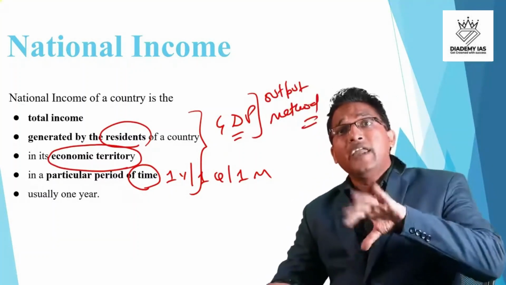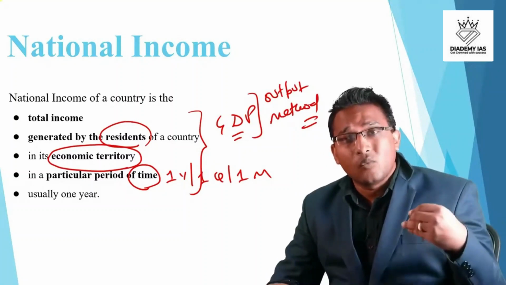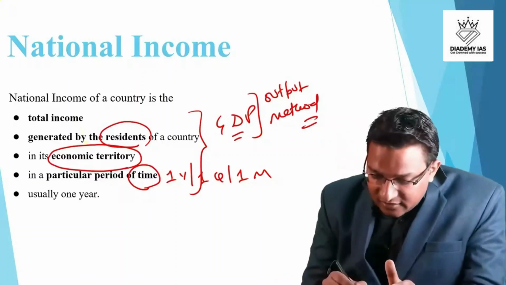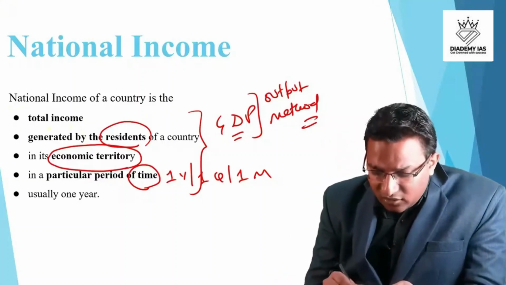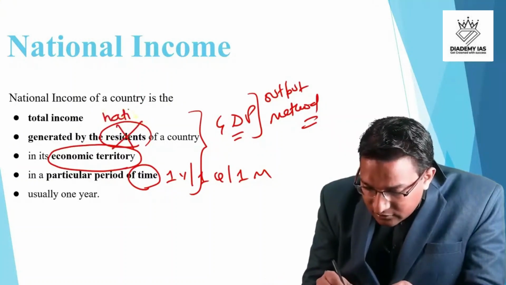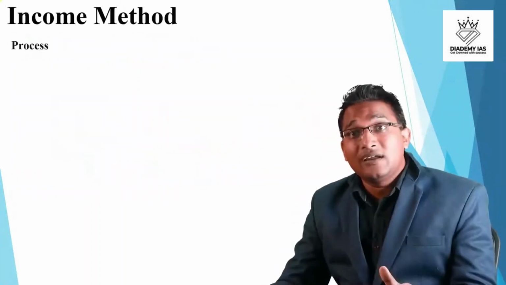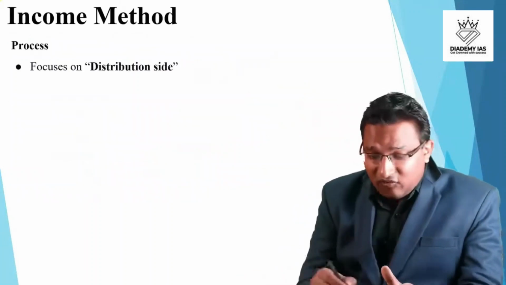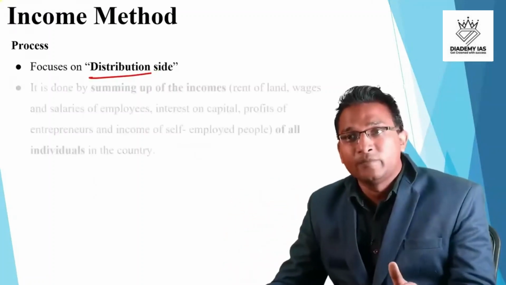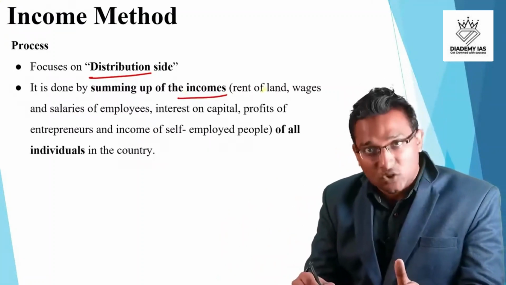Now, in this income method, what is the difference? In the income method, we simply say national income is the total income generated by the nationals. Here the focus is upon the distribution side, the distribution that I am receiving, right? And we are basically summing up the income of different factors of production.